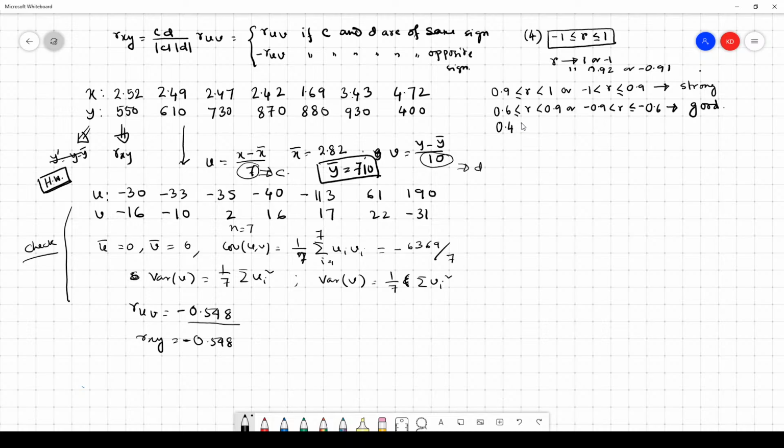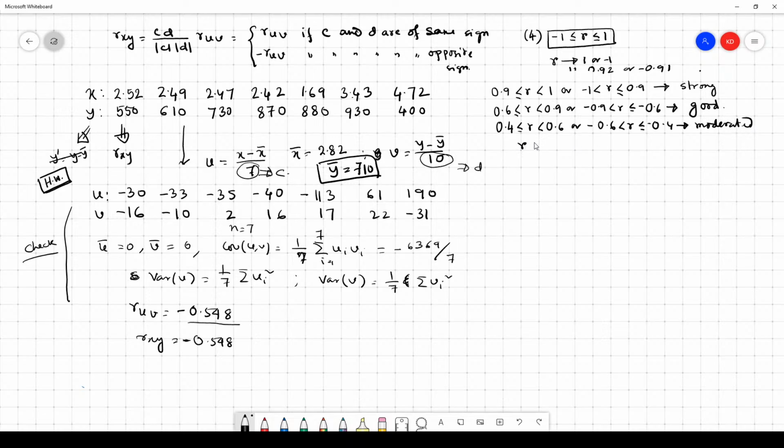If it is 0.4 to 0.6 or minus 0.6 to minus 0.4, this is moderate.